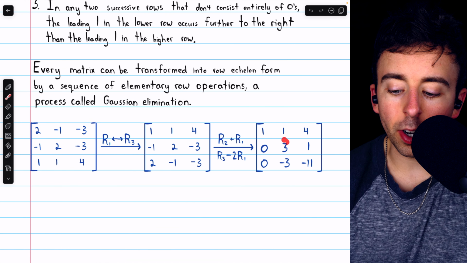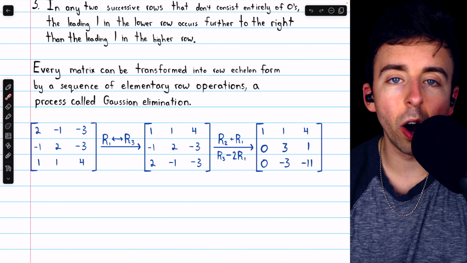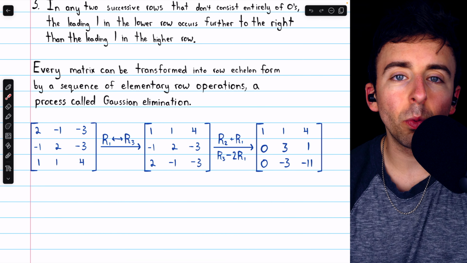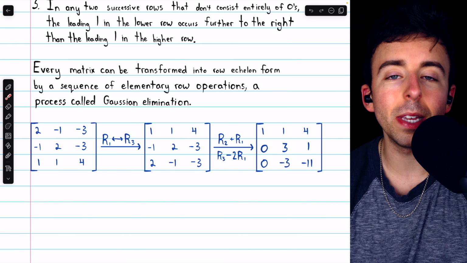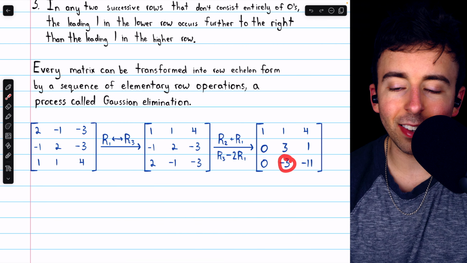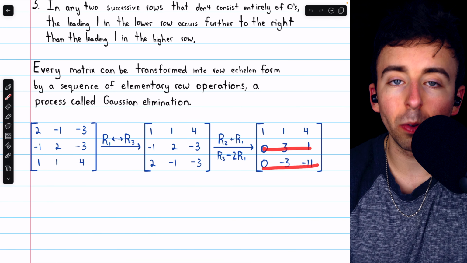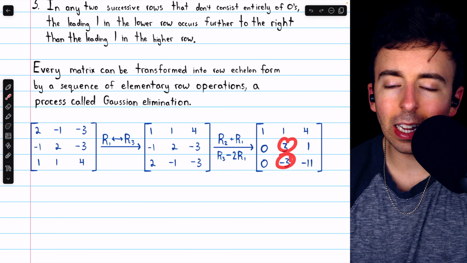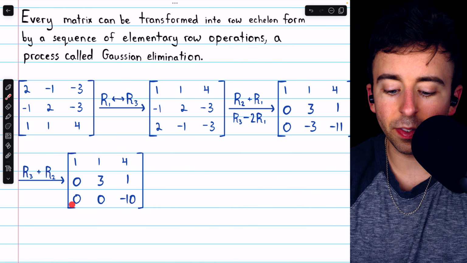Now we're going to turn this first non-zero entry in row 2 into a 1. But after we do that, we'll also want this entry that's below the leading 1 to be 0. So let's just make this entry 0 now by adding row 2 to row 3. Then the 3 and the -3 will cancel out. So adding row 2 to row 3 gives us this.